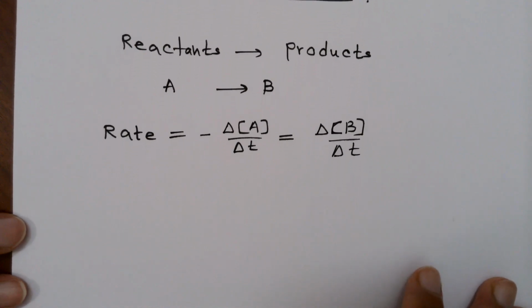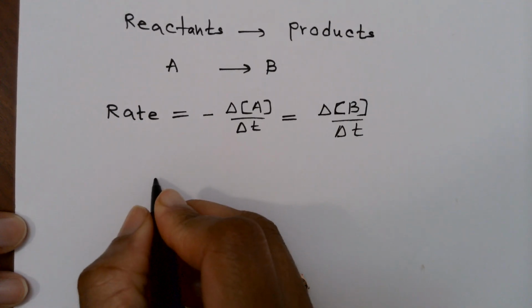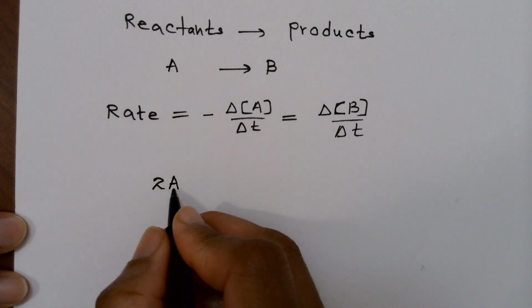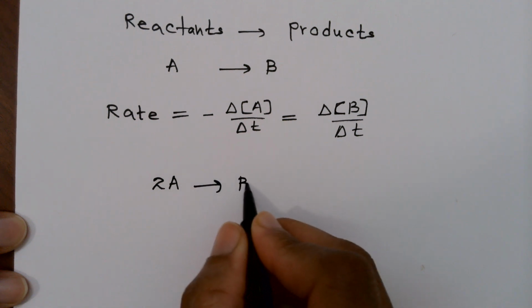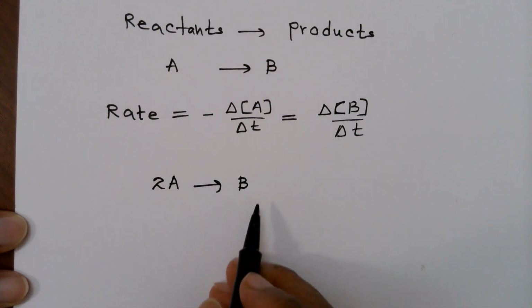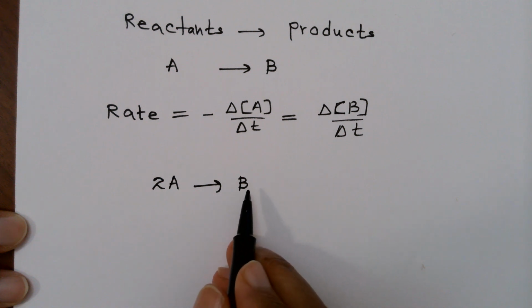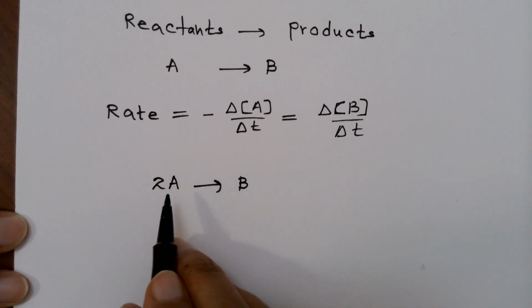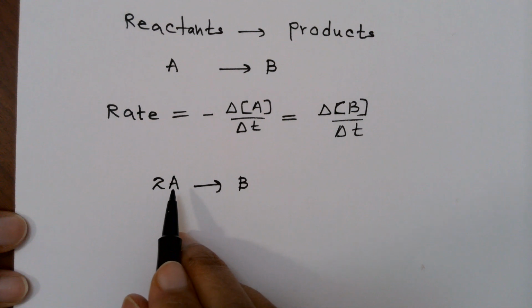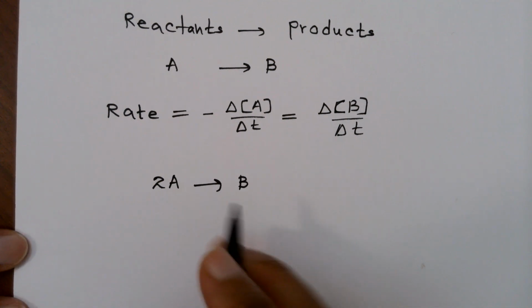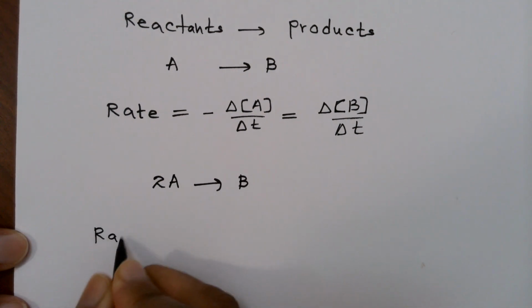Let's take another chemical reaction: 2A, 2 moles of A, goes to B. Here the rate of appearance of product B is equal to half of the rate of disappearance of reactant A. So we can write the rate expression for this reaction.